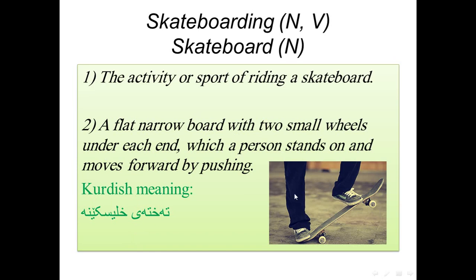As stated in the sentence and in the definition, the skateboard is a narrow board with two small wheels under each end. A person can use this skateboard by standing on it, and someone else pushes forward, so the skateboard will move forward.